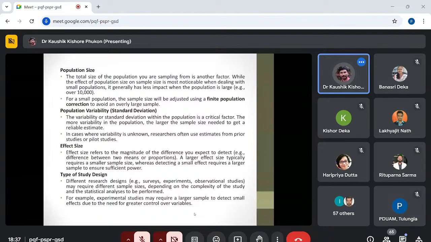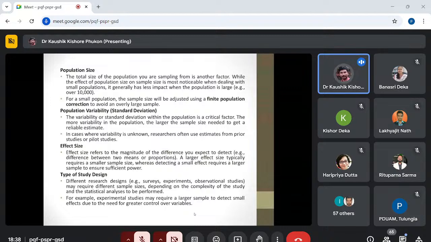What is the impact? You will see, you will get it. So then population variability. Okay. More variation means you need more representatives. Okay. Standard deviation is more, that means you need larger sample.